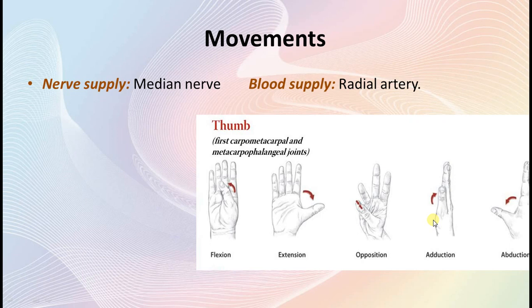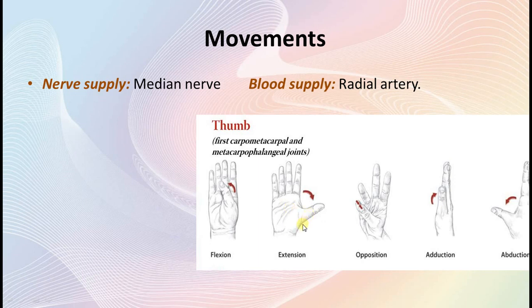So it has a very great degree of movement. The thumb, we all know, is present at right angles to the other digits. Not only that, if you look at the first metacarpal bone, the metacarpal bone of the thumb, it lies in an anterior plane as compared to the other metacarpals, and it is also somewhat medially rotated.